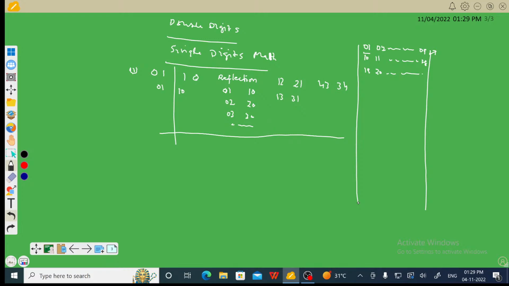And once we have this organization for all 99 double digit numbers of the 10 place value system, see how beautiful a pattern will be emerging.